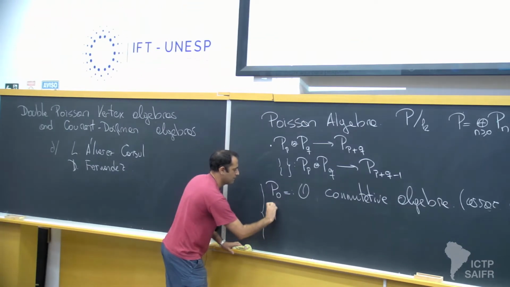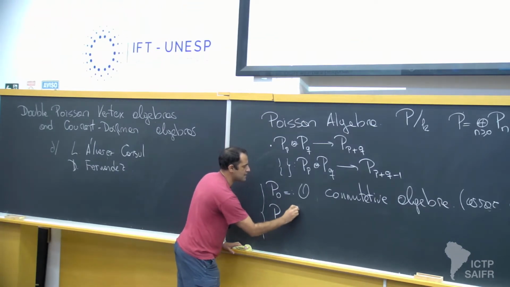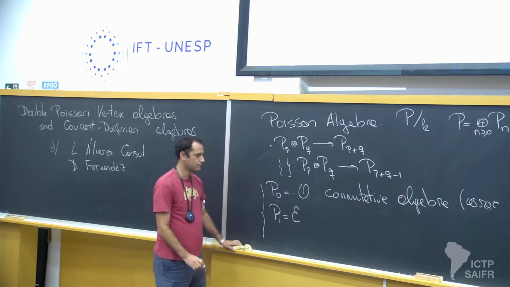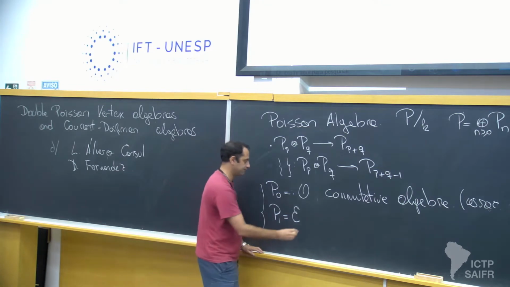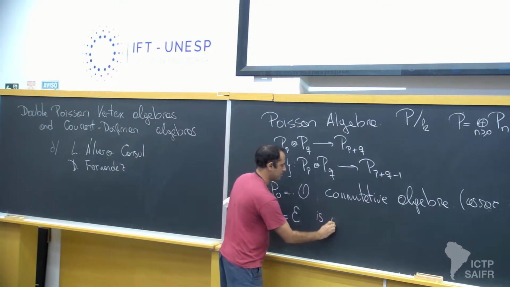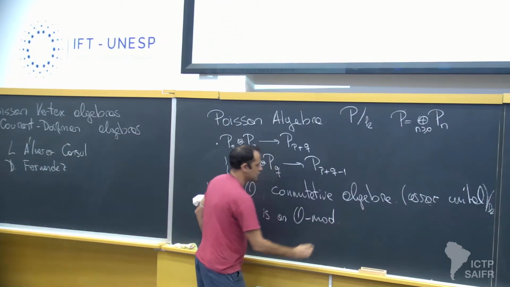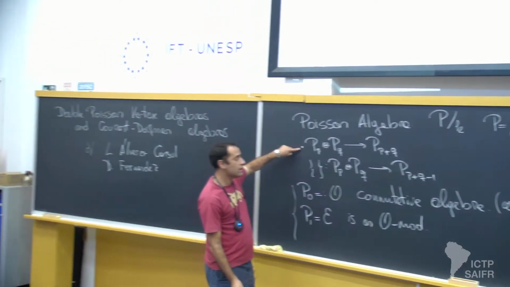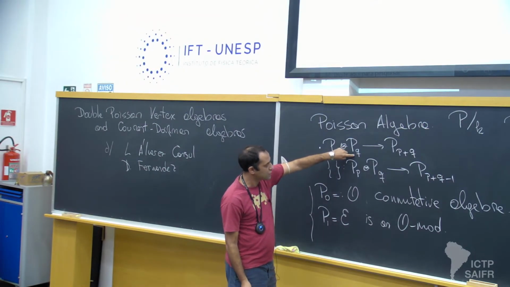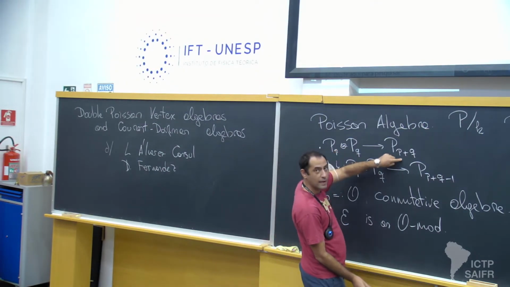P1, let me call this guy E. This is an O module. When you put P equal to 0 and Q equal to 1, it lands back in Q equal to 1.